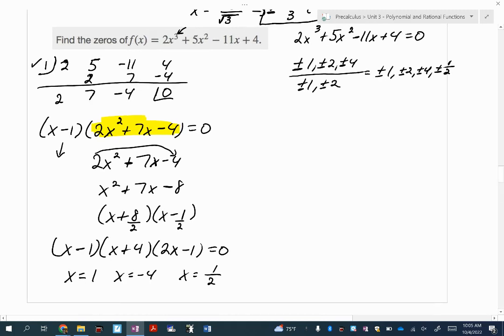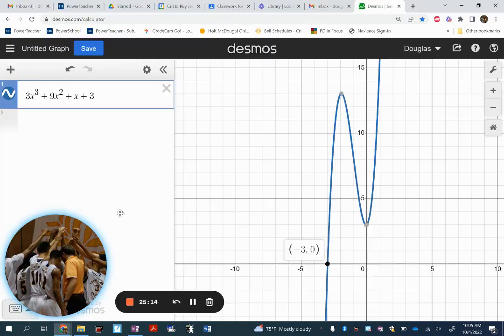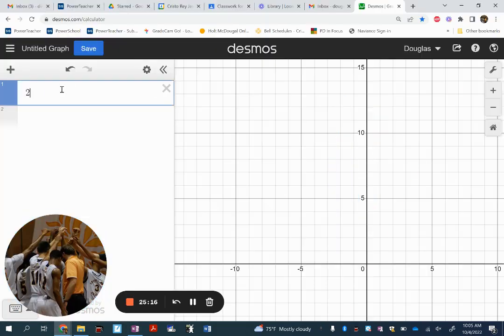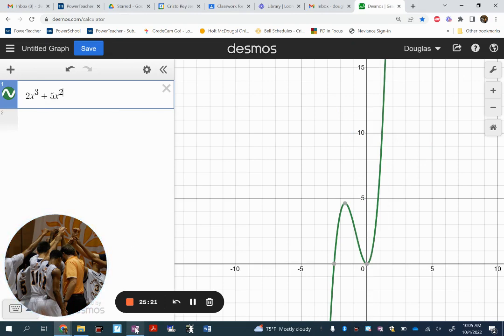So when I graph this one, I'm expecting to see 3 different times that we cross the x-axis because all 3 of my zeros were actually integers, or in this case, rational numbers with that fraction. So I have 2x cubed plus 5x squared minus 11x plus 4.